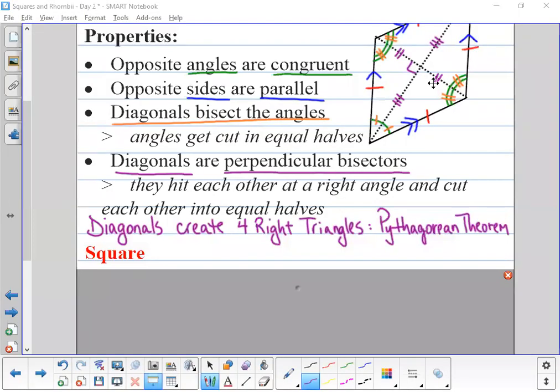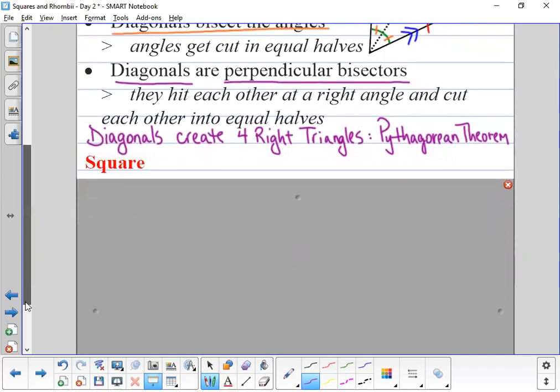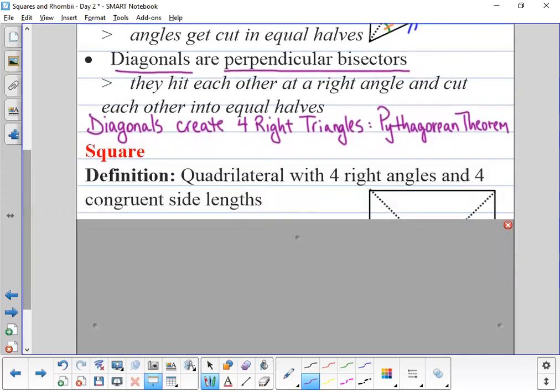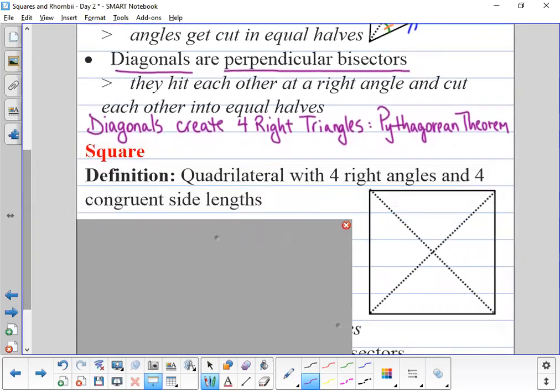Let's talk about the square now. The definition of a square is a quadrilateral with 4 right angles and 4 congruent side lengths. So I am going to mark my 4 right angles. That means that a square will be a rectangle because a rectangle has 4 right angles.